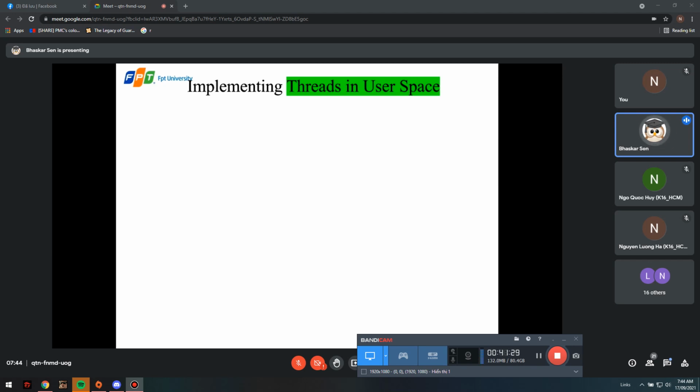Now, if things get implemented from the user mode, one thing we understand is that the things must be very fast.